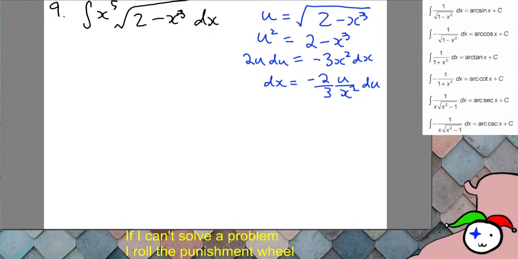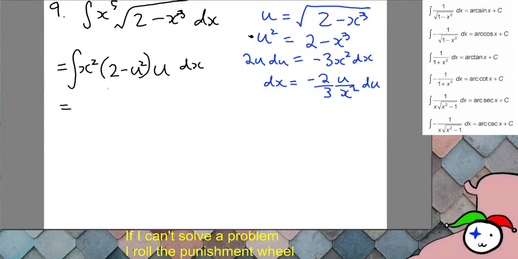I think that would be correct, because over here you could write this equal to, so let's separate this to x squared times, this would be x cubed, but x cubed is also 2 minus u squared because of this here. So then you have this times u of dx.